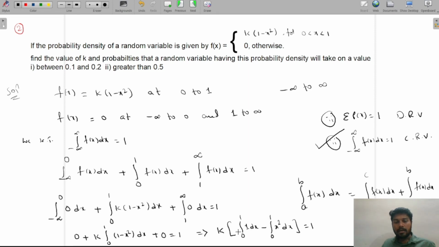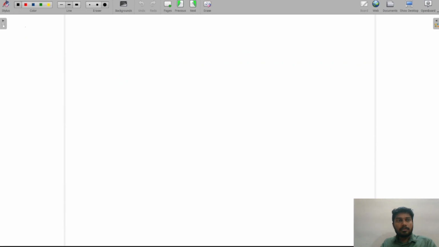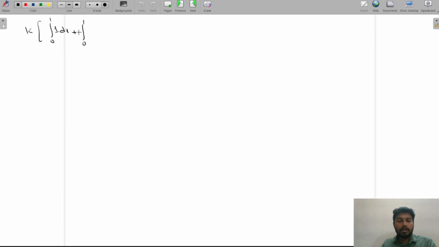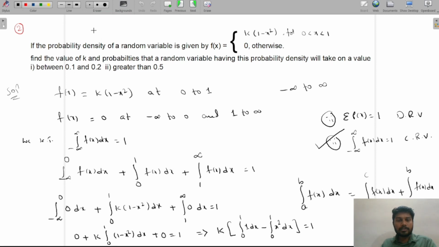So later on I'm substituting the formula of this answer. Okay, so k of integration 0 to 1 1 dx plus integration 0 to 1, what I'm having, x square, no, actually I'm having here minus x square dx is equal to 1. Okay, which I wrote as it is without any changes.